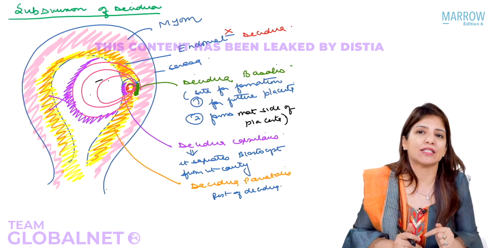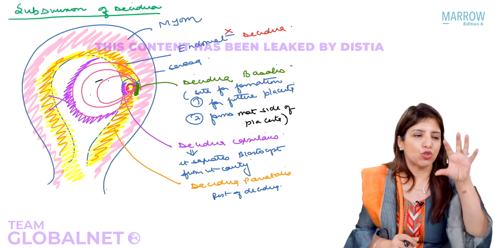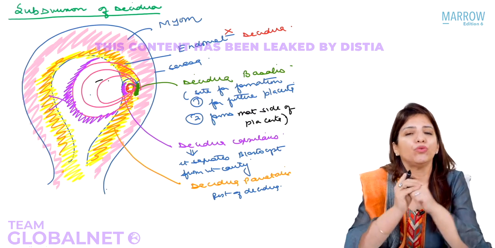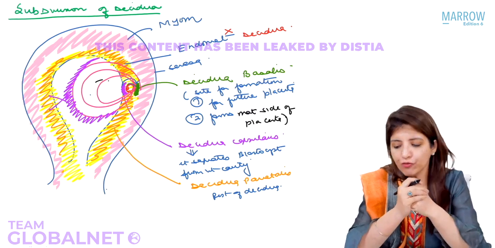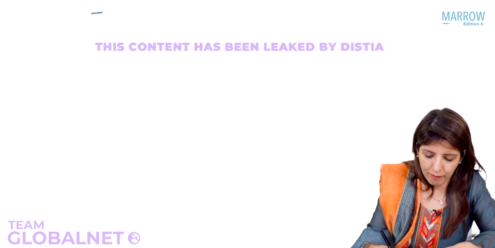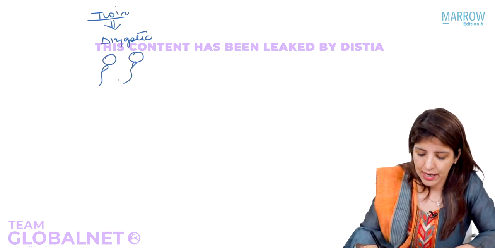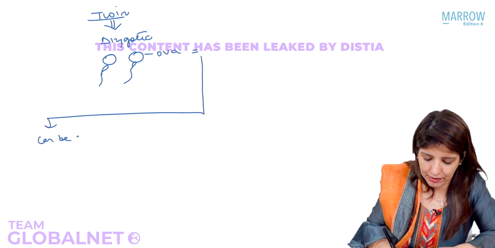A third way of asking this question is, see, in dizygotic twins, there are two ova which are fertilized by two sperms. Now, these two ova can be released in the same cycle.